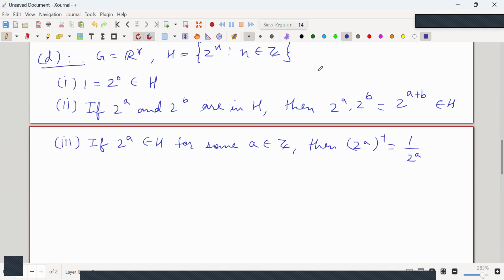And what is 1 upon 2^A? 2 power minus A. And this is again inside H, because A is an integer and minus A is also an integer. If the numbers would be varying over the non-zero integers, then there would be a problem. But here it's fine. Okay. So this implies H is a subgroup of G.